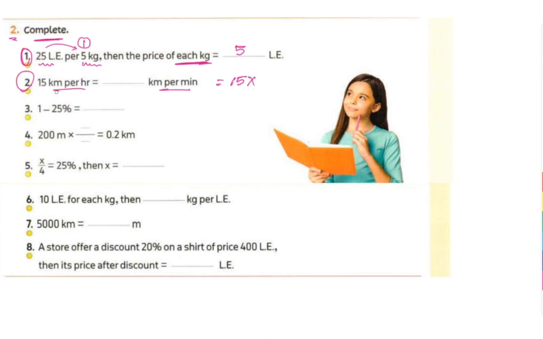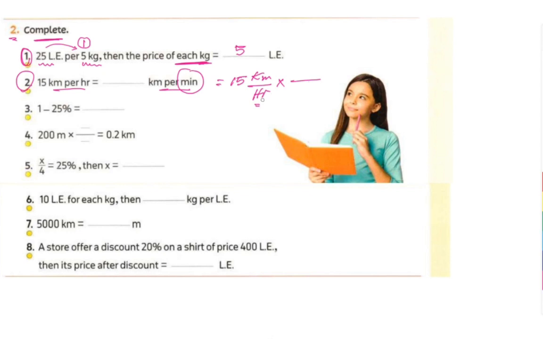There's no problem with kilometers. The problem is here: I need to change this hour to minutes. So I will multiply by a conversion factor to change hour to minute.